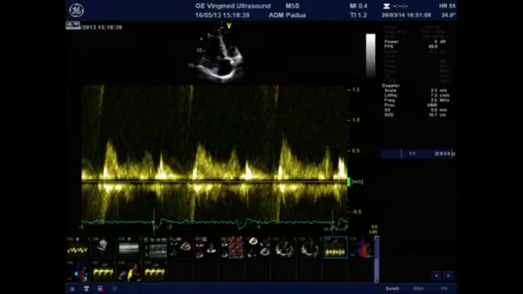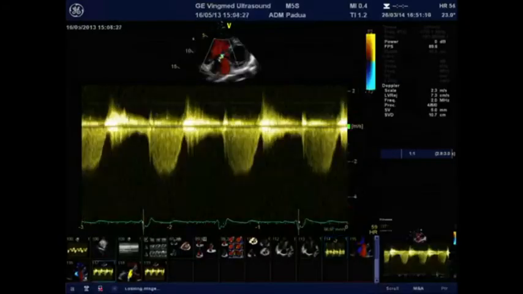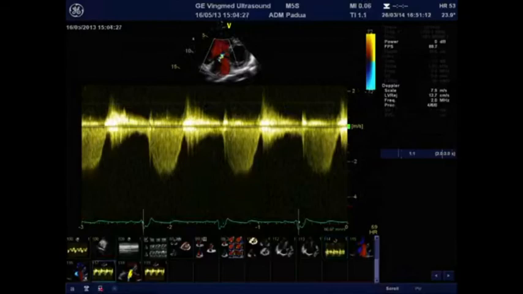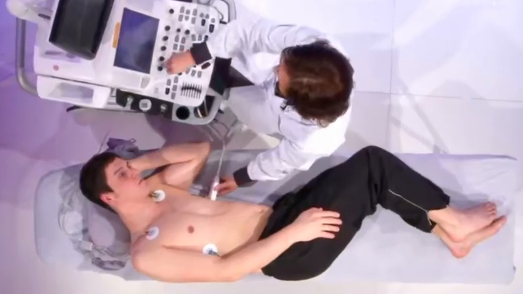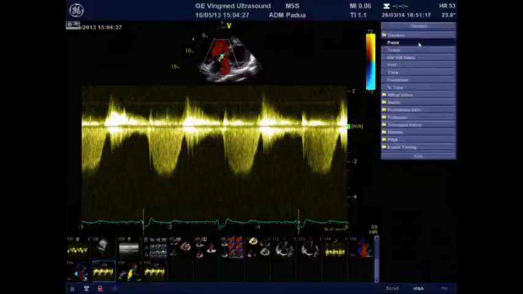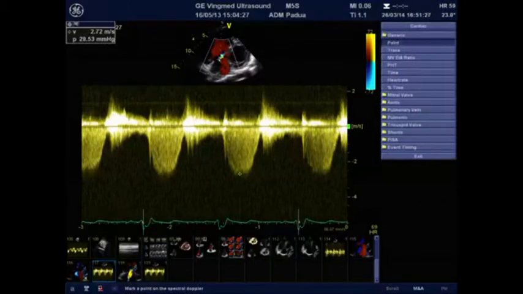The pulmonary pressure is estimated with a continuous wave Doppler across the regurgitation. Here, if you measure the maximal velocity, it is 29-30 millimeters of mercury, to which we need to add also the pressure estimated in the right atrium.